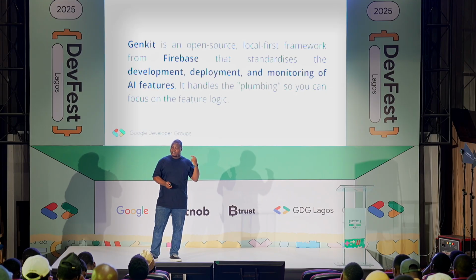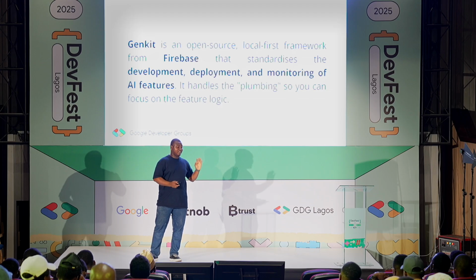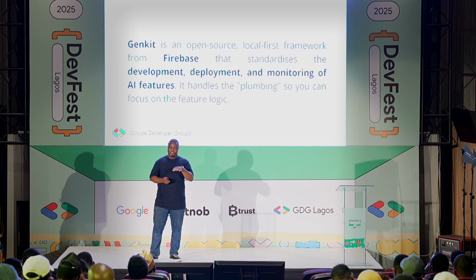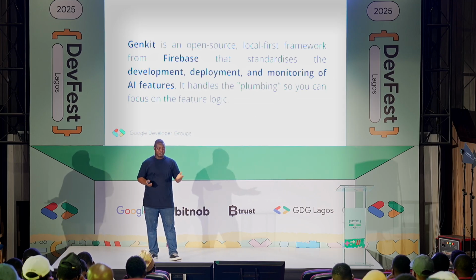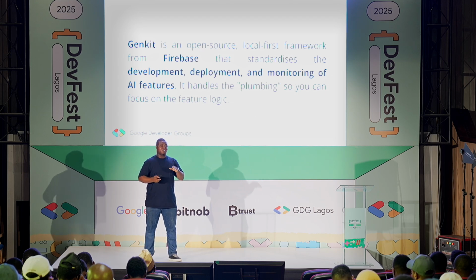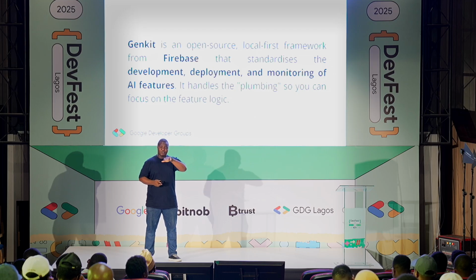The good thing about Genkit is that it has support for local development. You can easily deploy things to simple servers like Cloud Functions, and monitoring is very, very possible with it. As you build stuff, you can monitor them right from your development environment and tell why they're working or why they're not working.